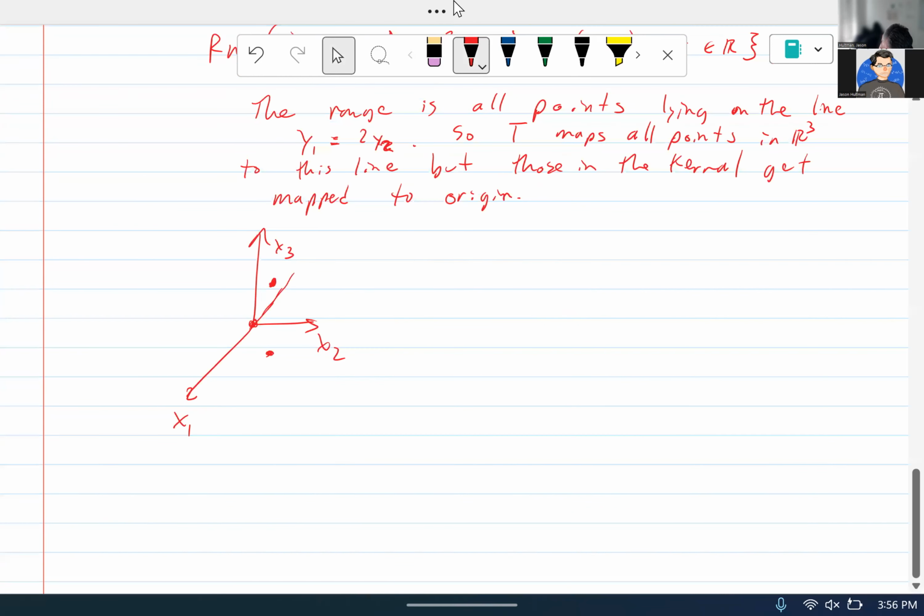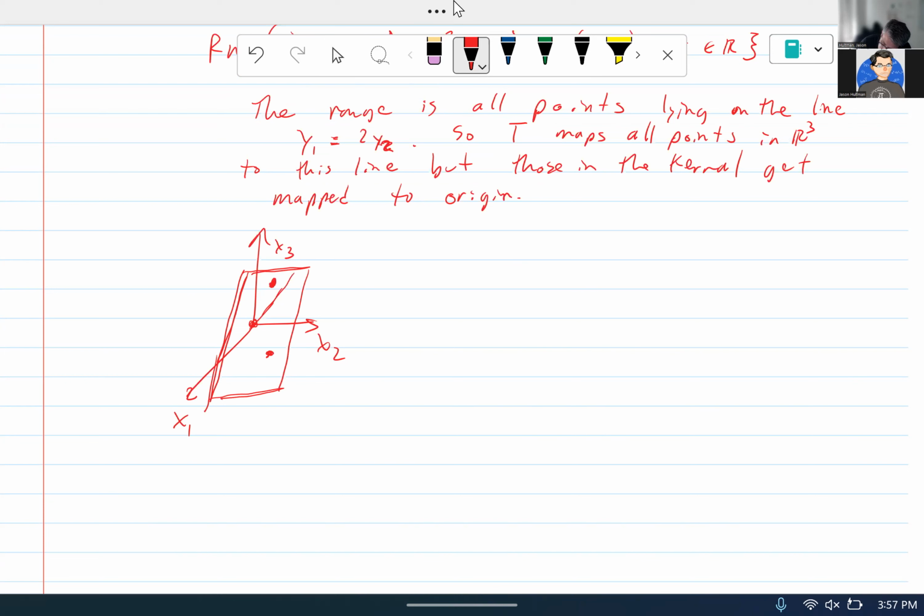So if I draw a plane, I'll draw it like this. It is gonna go through the origin, and it's going to go through these other 2 points. Okay, so let's draw that plane.